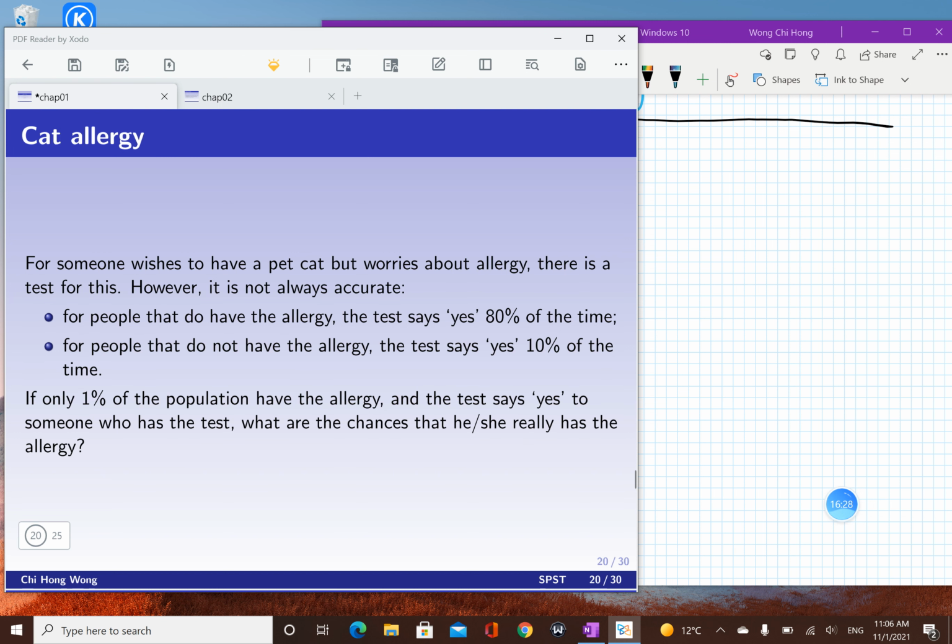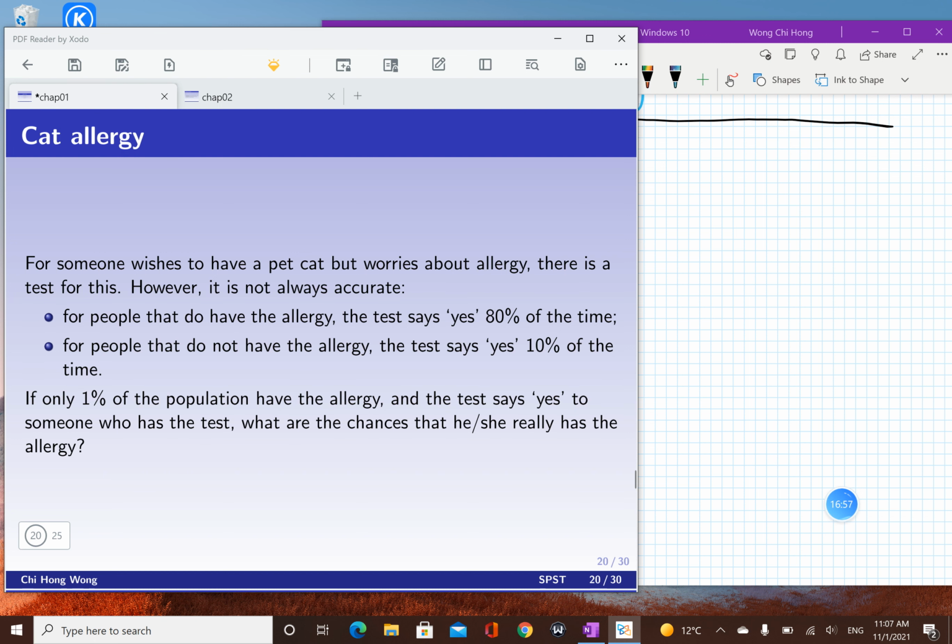But what I do know is whatever test you're having in reality, it's not always accurate. That means what? That means if you have the allergy, it will probably say yes, telling you that you do have the allergy. But it is possible that if you do have the allergy, it may say no. It may give you a negative result.